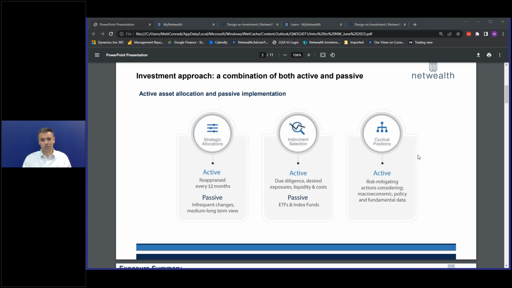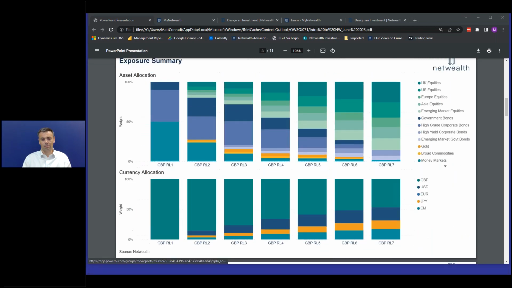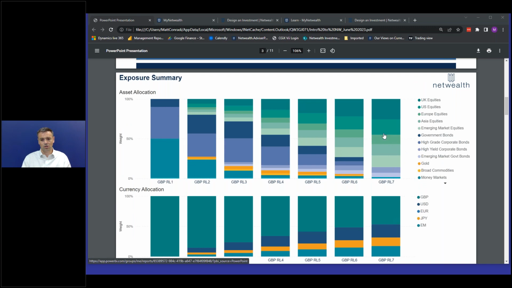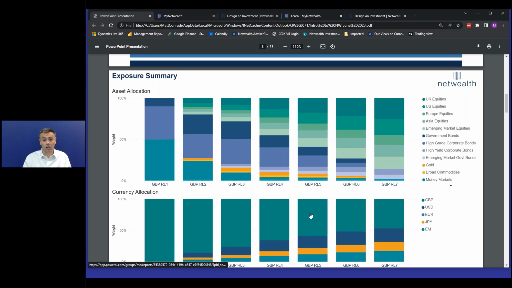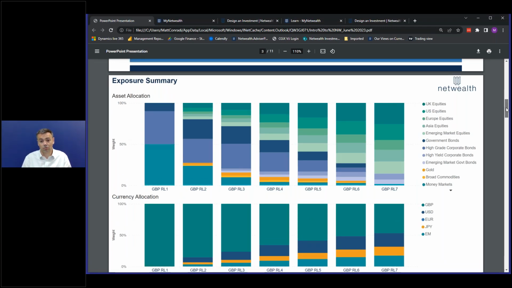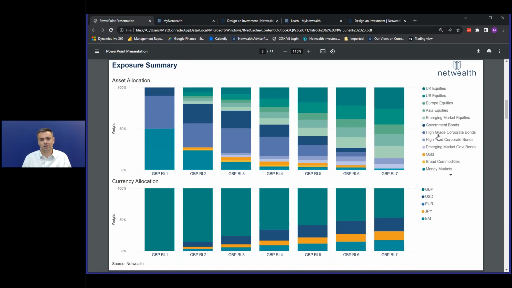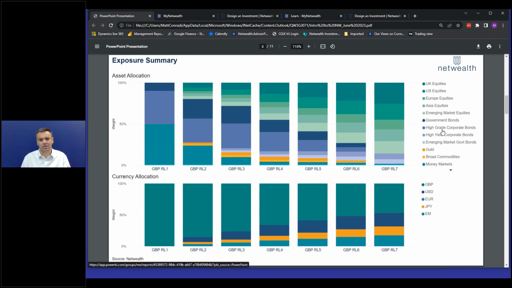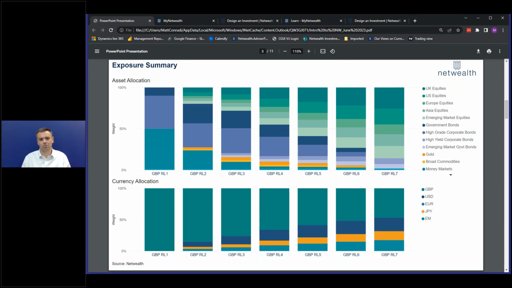Perhaps we can move on just to give a snapshot of the asset mix as a whole. So here again, we look at the risk level portfolios going from left to right, risk level 1 across to risk level 7, and you can see that the dynamic is very much one changing, going from lower risk assets such as cash and fixed income asset classes across to the equity mix. We think about currencies separately.